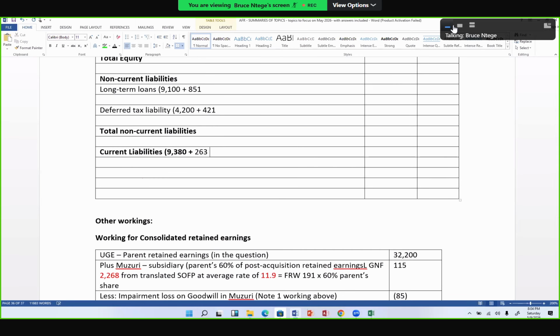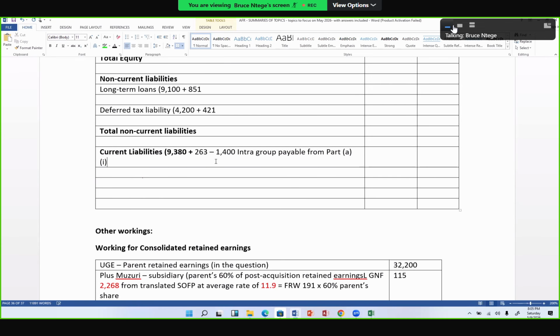Debit is a minus, so I'll say minus 1,400, and I'll call this an intra-group payable. Where have I picked it from? I've picked it from part A, item 1. That's why the debit is in UGE's consolidated financial statements. That's why I explained it, while the credit goes to the receivable.